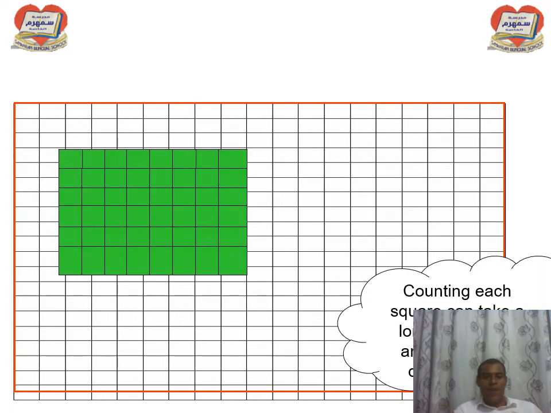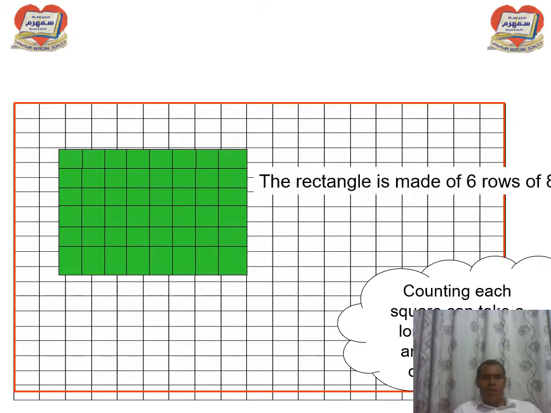Okay, now we'll try to make here this rectangle. It is made of 6 rows. 1, 2, 3, 4, 5, 6. And how many? 6 rows. 1 row, second row, third, fourth, fifth, and sixth.